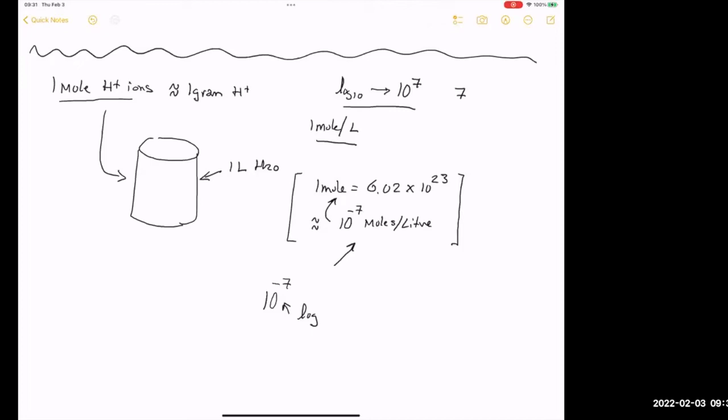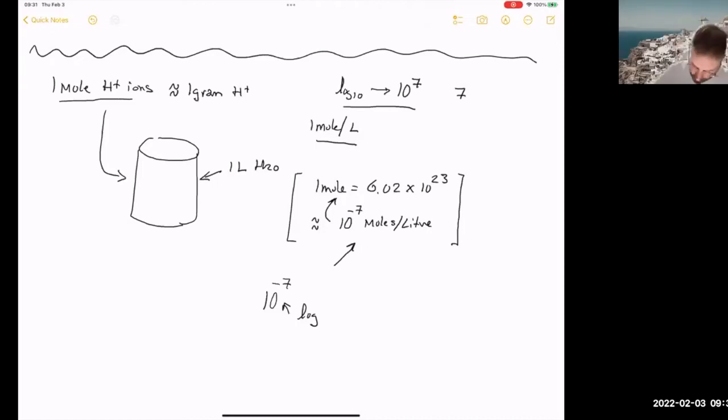Yes. Okay. But here we are dealing with 10 to the -7, which is 0.0000001 moles per liter, right?